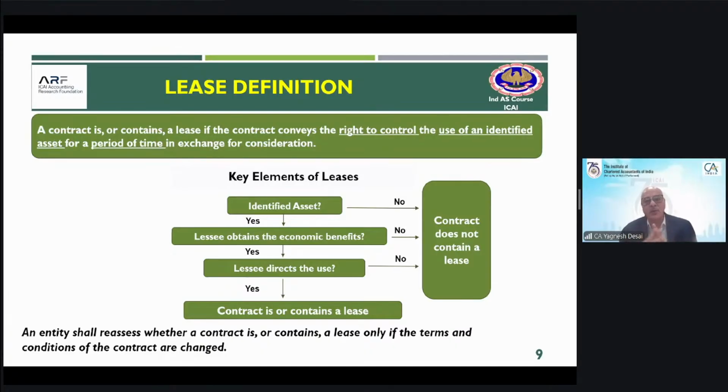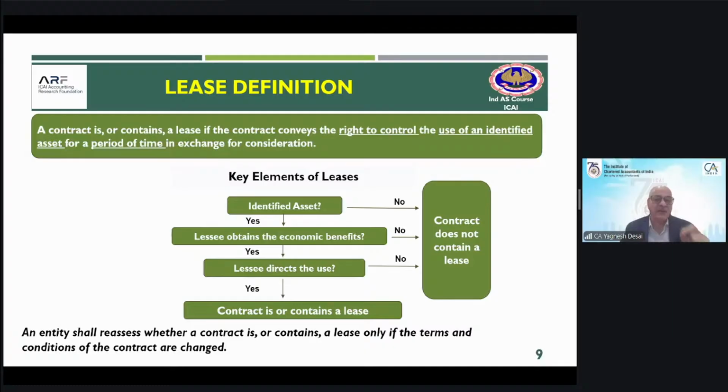If yes, ask a question. Does this contract give the right to control the use of an identified asset for a period of time in exchange for the consideration? Consideration is what, sir? Lease payments. Now, we'll see two important phrases: A, identified asset, B, substantially specified asset.